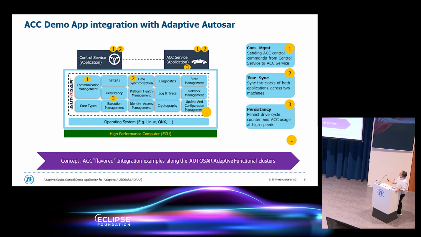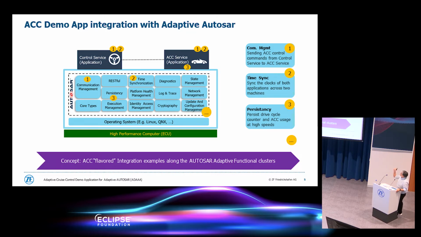Similar things happen here, for example, with persistency. There is a requirement that says every drive cycle when you engage with the ACC should be persisted on the hard disk. Here again, Adaptive Autosar comes in handy with the persistency cluster, and you learn how that is used, and you can verify how the drive cycles are stored.